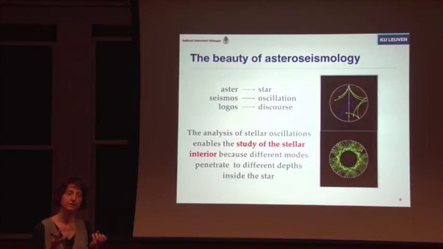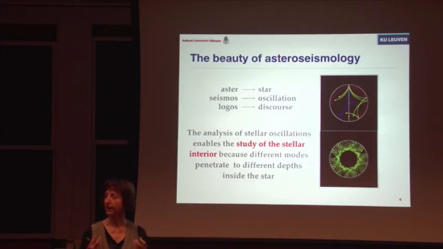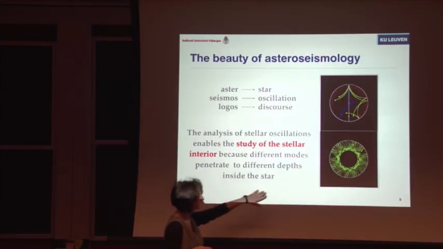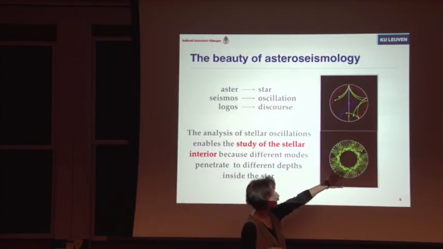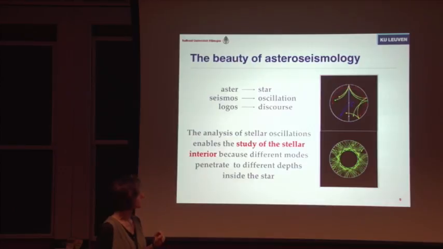So oscillations of stars are star quakes, if you like, and they invoke waves, and the travel time of the waves through the interior says something about the physical conditions in these layers, like density, pressure, temperature. And so if I extrapolate that, let's look at this green and yellow wave structure here. You see that the yellow one probes the physical conditions in a slightly different area than the green one.